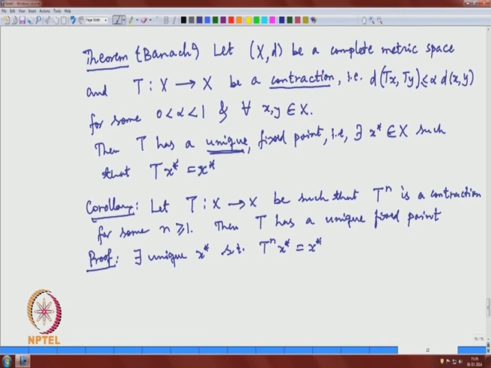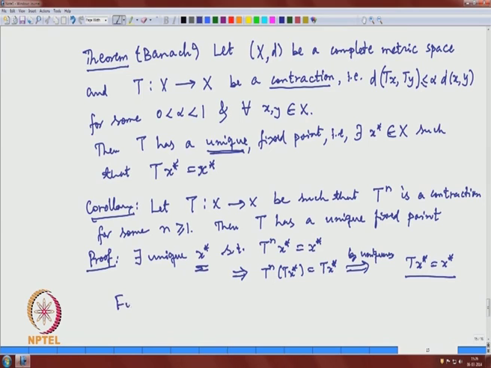Because T^n is a contraction, if I again compose with T, then T^n of T x star is equal to T x star. So T x star is also a fixed point for T^n, and by uniqueness, T x star is equal to x star, because x star is unique.